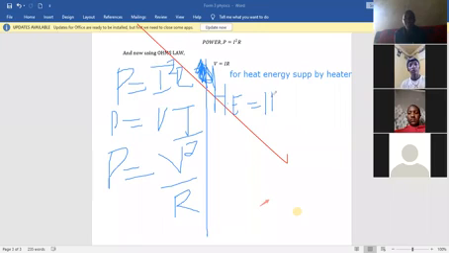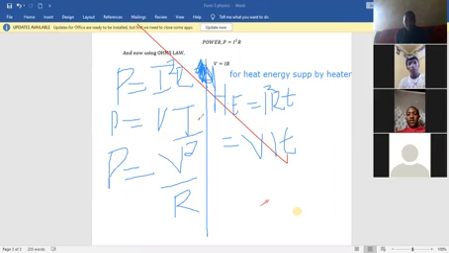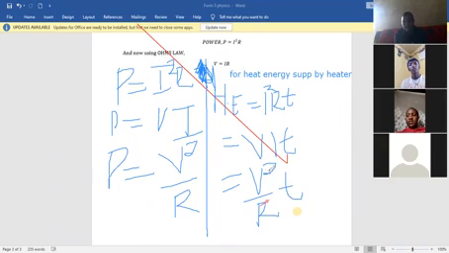I squared R T. Or it can also be given by V I T. Or heat energy supplied by the heater can also be V squared all over R times T. There are so many equations.